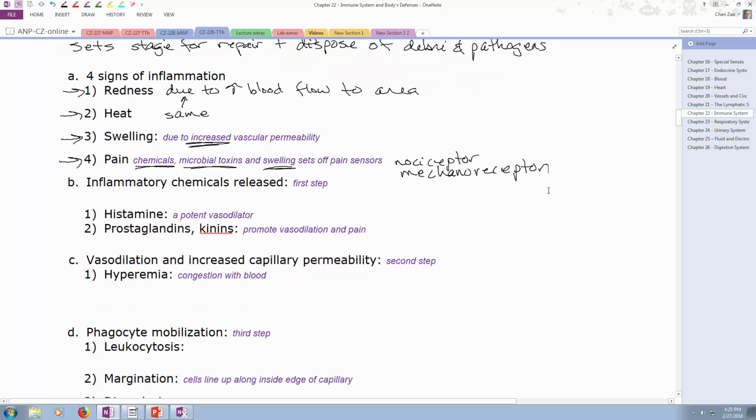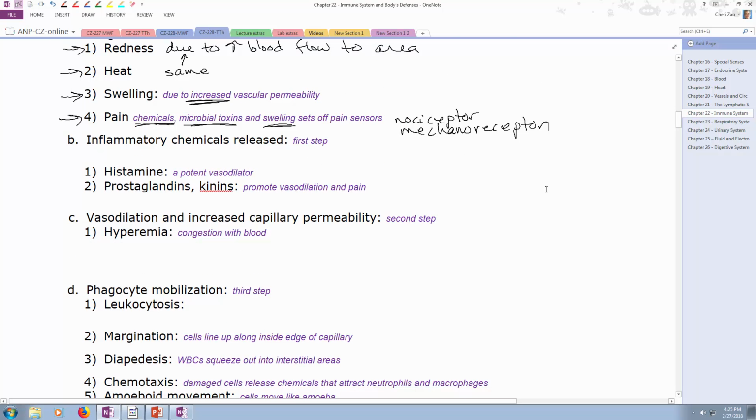Inflammation is a stepwise process. We first will actually have inflammatory chemicals being released, and the reason that they're released is that the injured tissues are releasing these chemicals. So the injured tissues are releasing histamine, which we mentioned earlier.